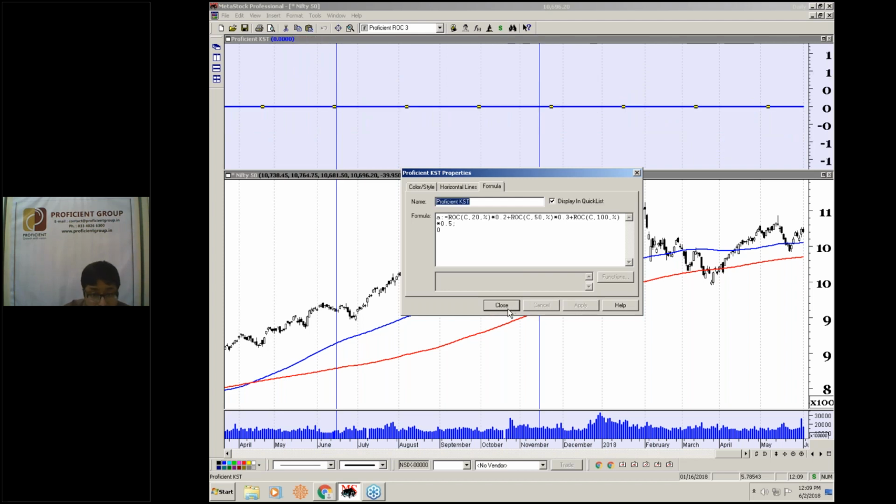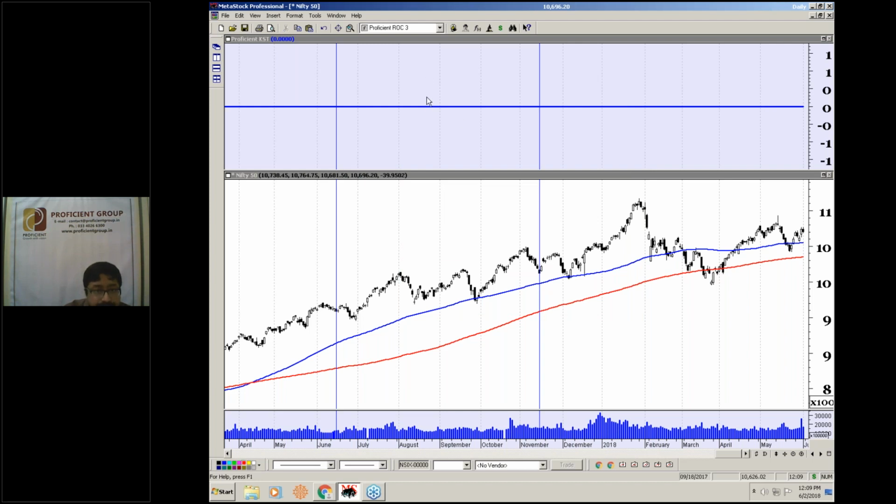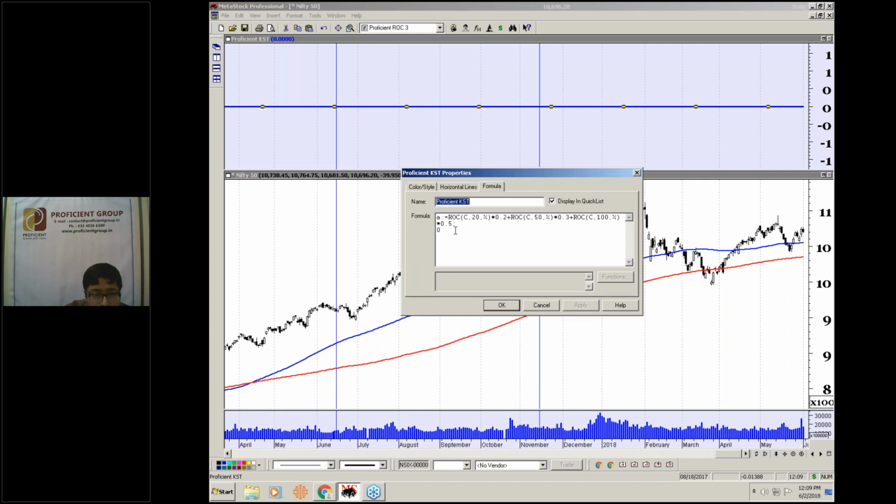So the KST goes, and then we will just plot the margins, the highest high value and the lowest low value of the KST of say 25 days. So HHV(A, 25).